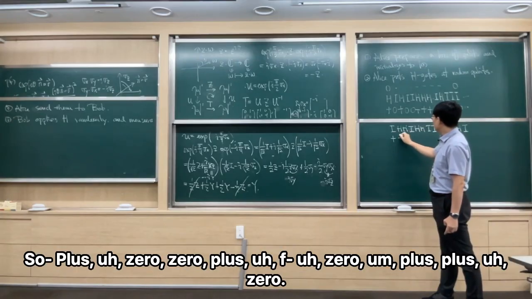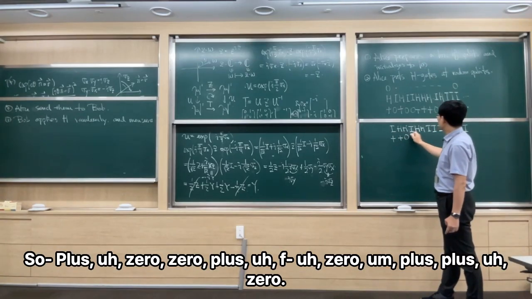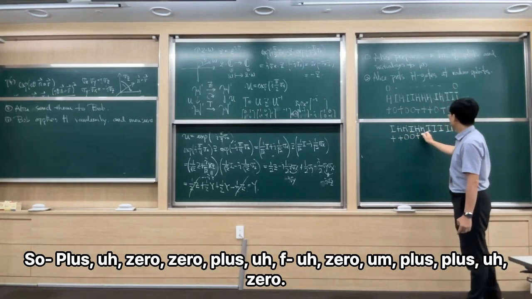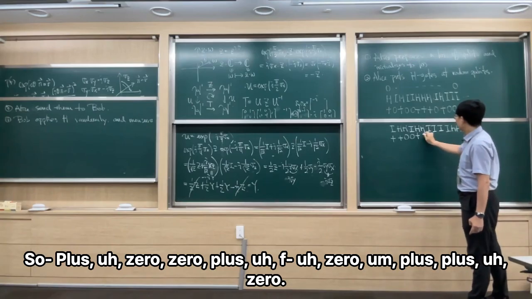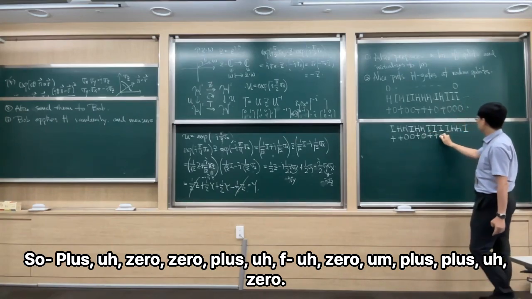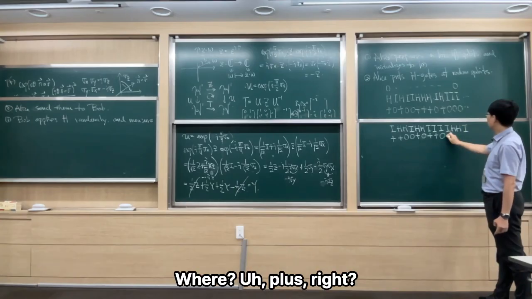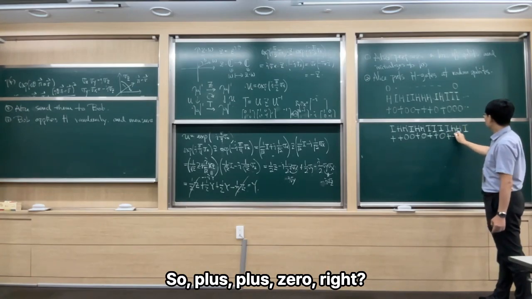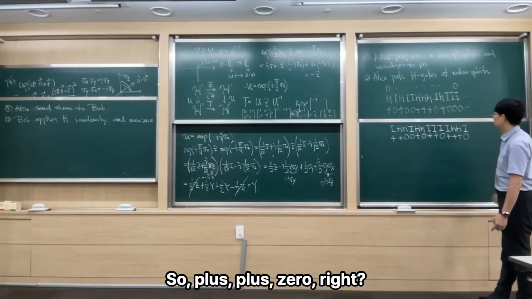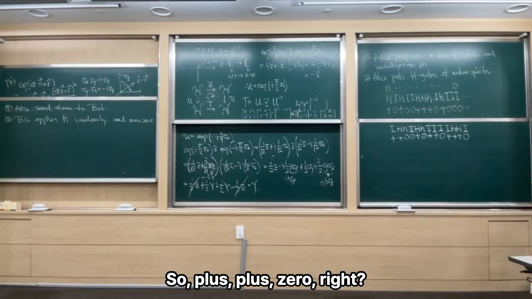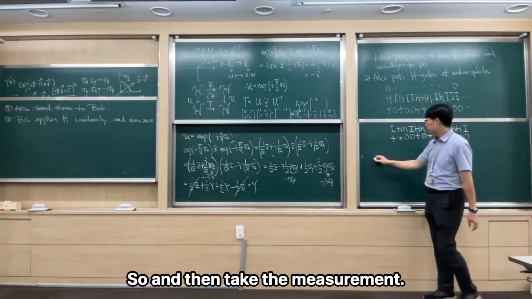So it's plus, 0, 0, plus, 0, plus, 0, plus, right? And then reads it, okay? And then takes the measurement.